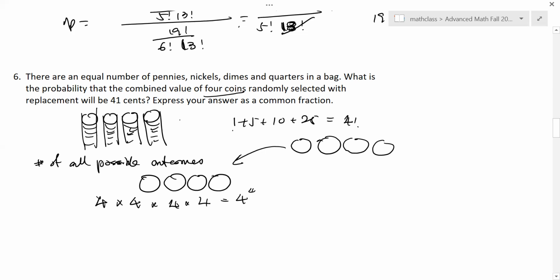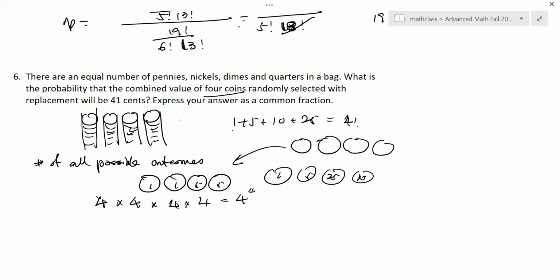4 to the 4th power of outcomes. I could have a penny. It can be 1, 1, maybe 5, 5. That's a 1, no change. And that could be 1, 5, 25, and 10. The first coin you get can be any of those 4 numbers, and so can each of the others.